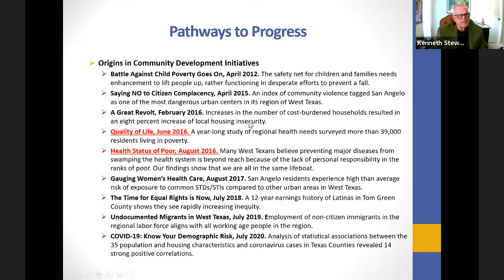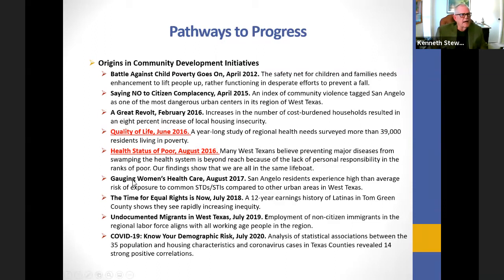Here you see a list of articles that appeared at different times in the newspaper. You can tell from just reading the titles and looking at the summaries that many of them would use data from the American Community Survey.